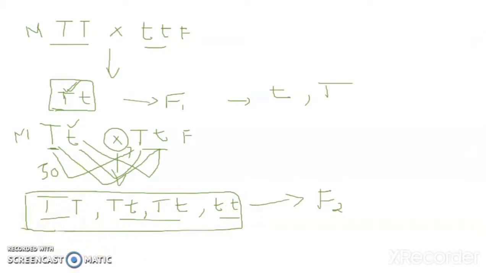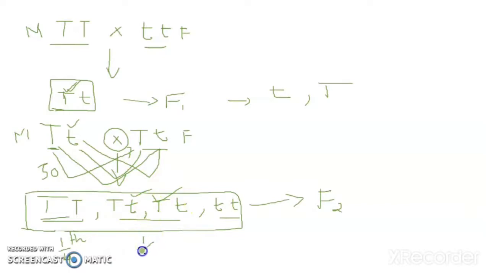From the Punnett square, it is easily seen that 1/4 of the random fertilization led to capital T capital T. It means that if you take 4 of the genotypes, only 1 part in 4 is capital T capital T. And 1/2 will lead to capital T small t, because in these 4, 2 of them are capital T small t.